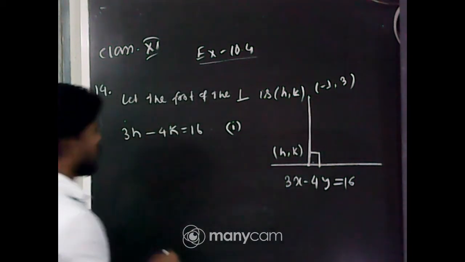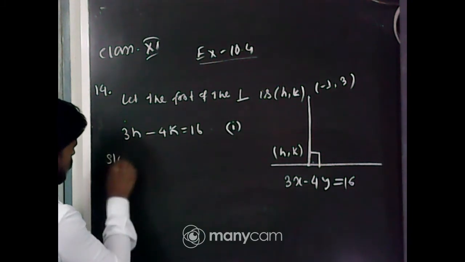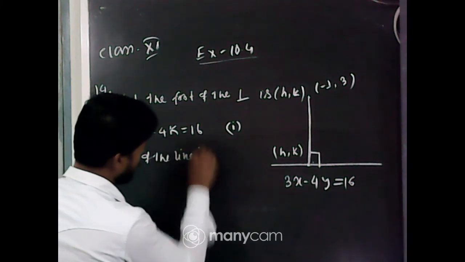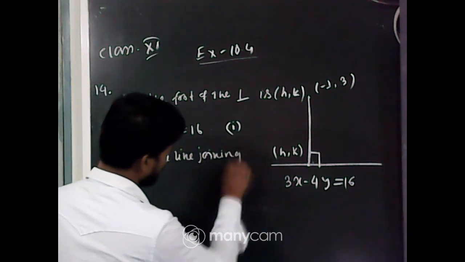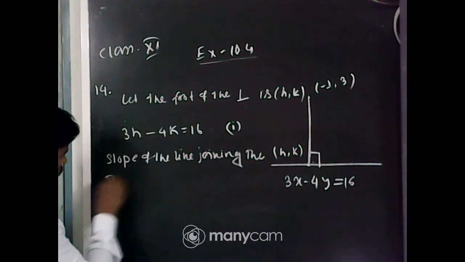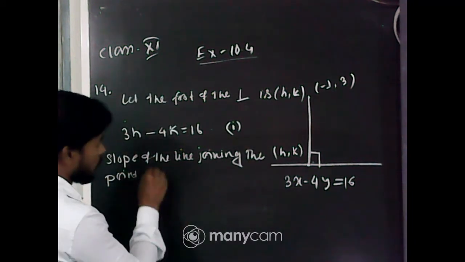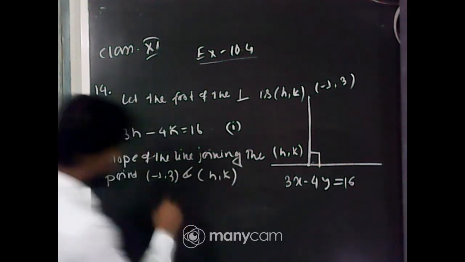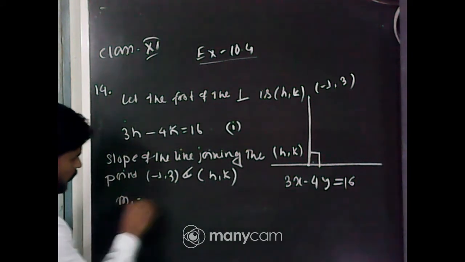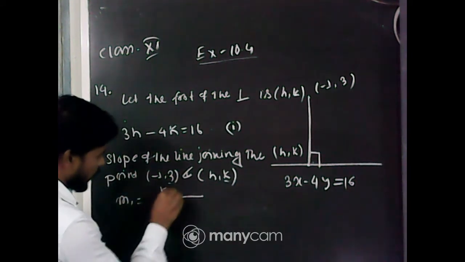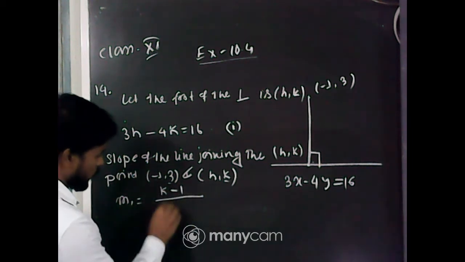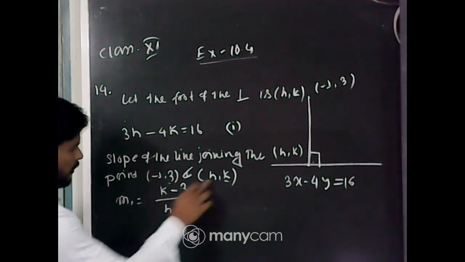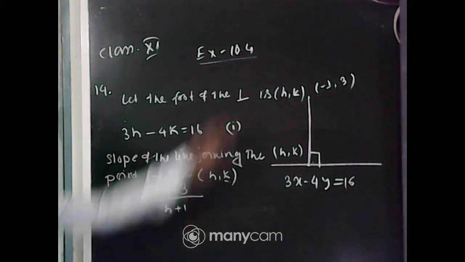So what is the slope of the line joining the points (-1, 3) and (h, k)? We have a formula: m1 is equal to (y2 minus y1) divided by (x2 minus x1), that is (k minus 3) divided by (h plus 1). So this is the slope of this line.